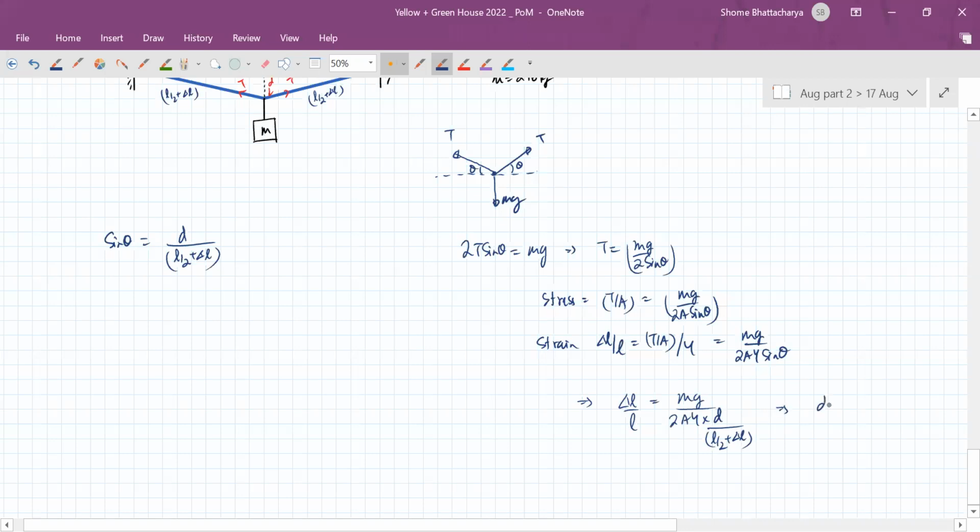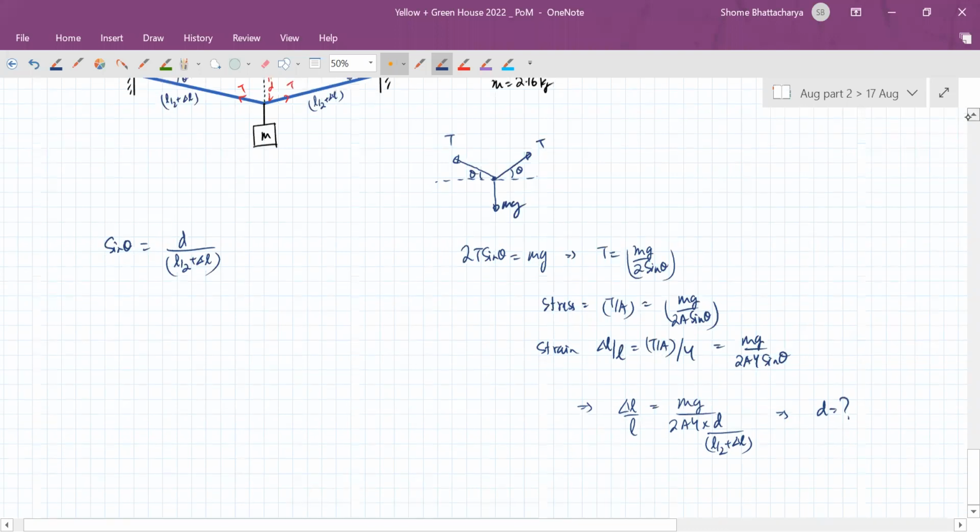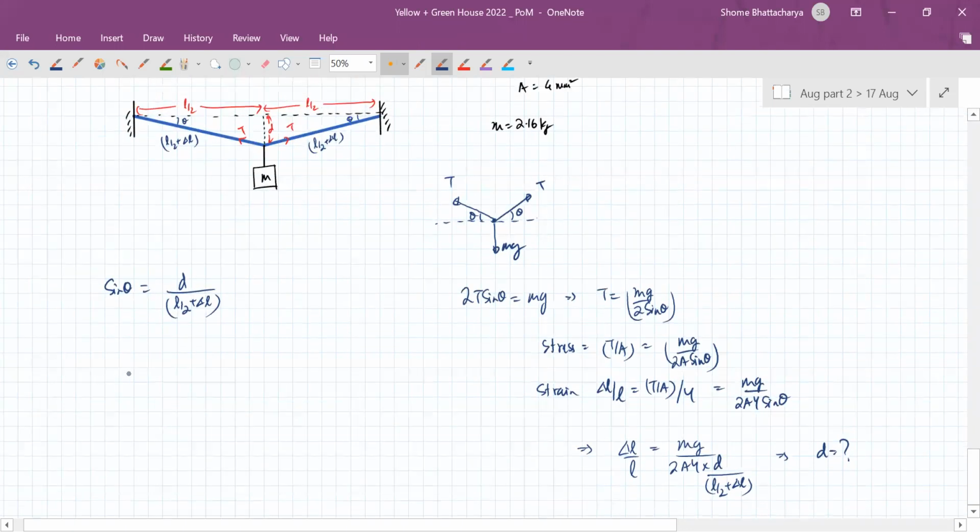From this, we need to calculate the value of d now. So we need to do a bit of approximation here. What we'll observe is that theta will be a small angle, because that sag d will be very small compared to L. So we can approximate sine theta as basically d divided by L by 2.